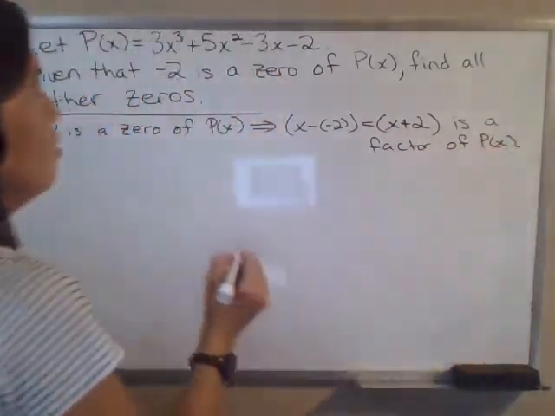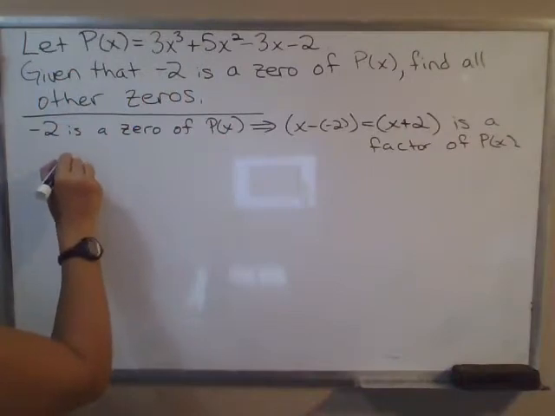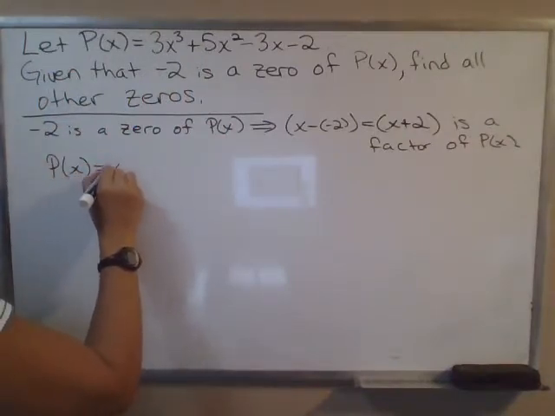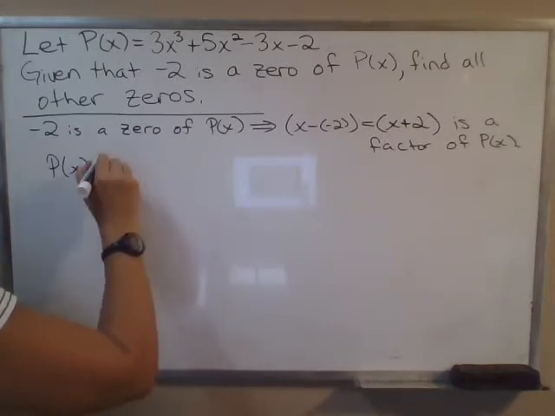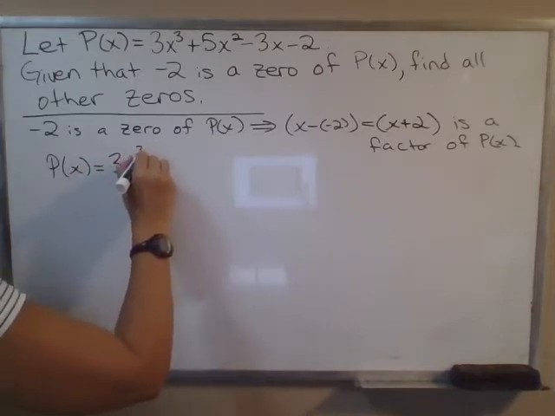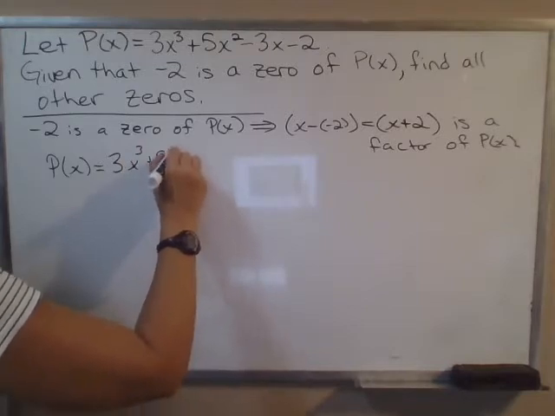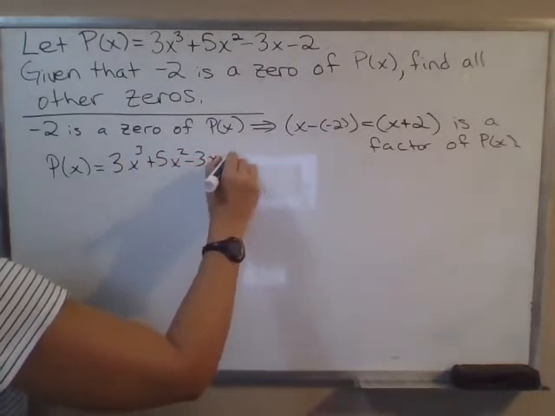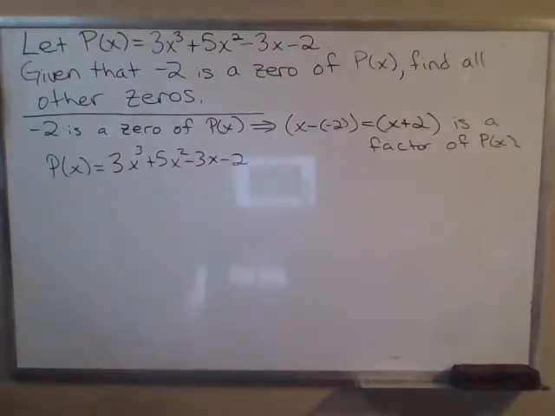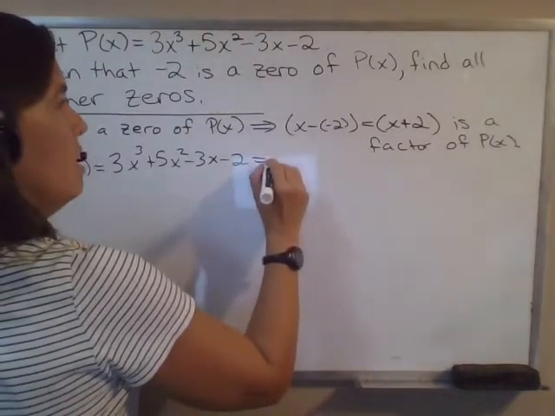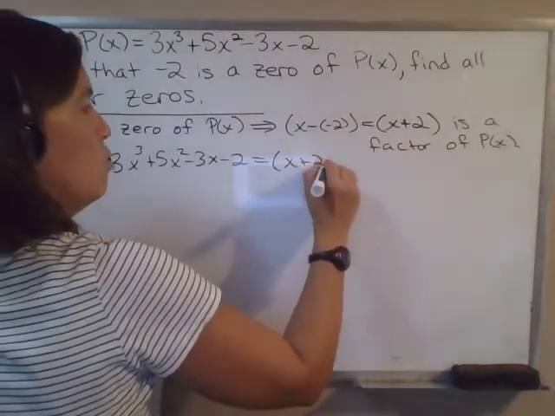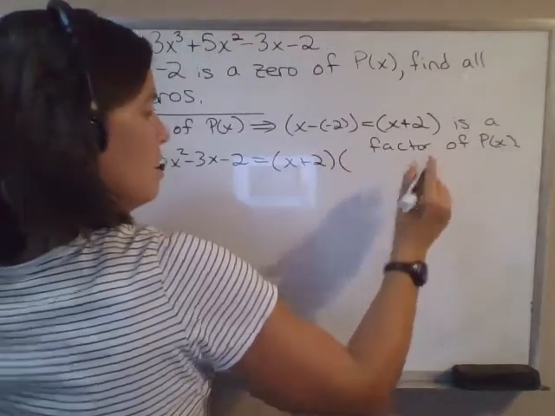Okay, so that tells us that this polynomial p of x, which is equal to 3x cubed plus 5x squared minus 3x minus 2, is equal to x plus 2 times something.